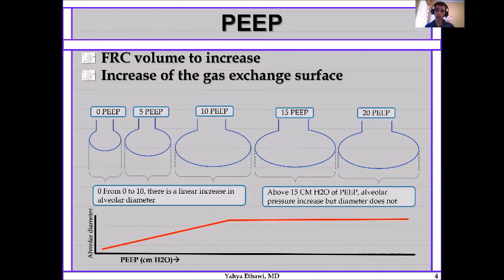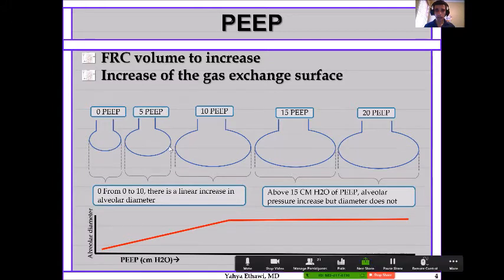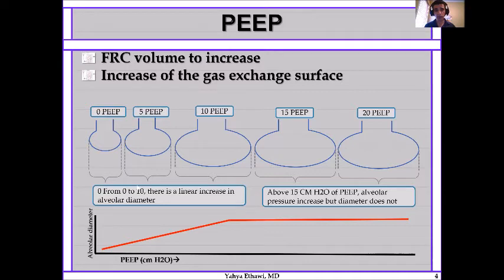So the best PEEP is the one that provides the best contact between the alveolar wall and the capillaries. You can see when the pressure is 0, the alveoli is open, but it's very small. When you increase the PEEP to 5, you can see the alveoli get bigger, and the contact surface between the alveoli and the capillary wall is increasing.